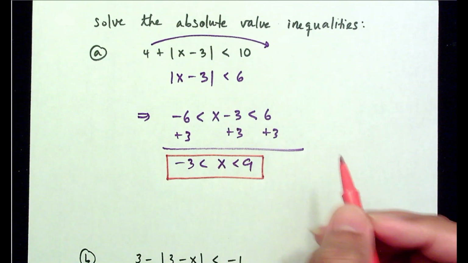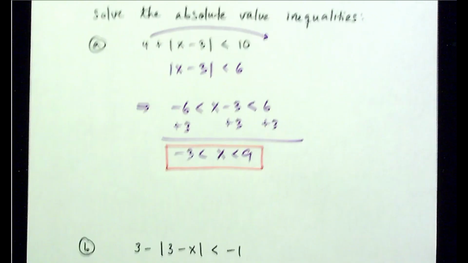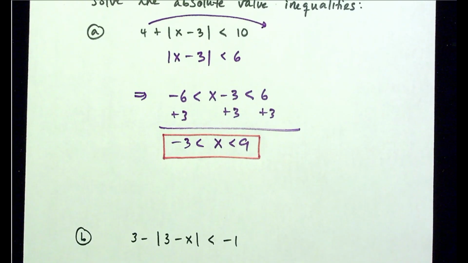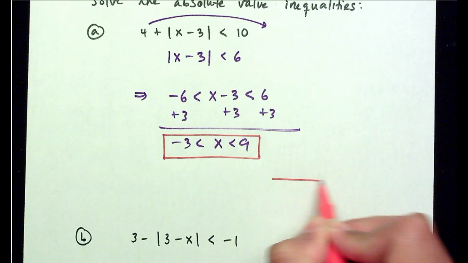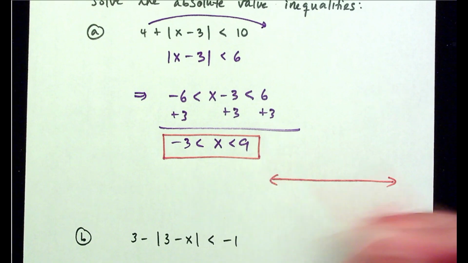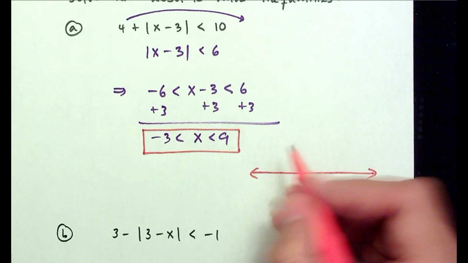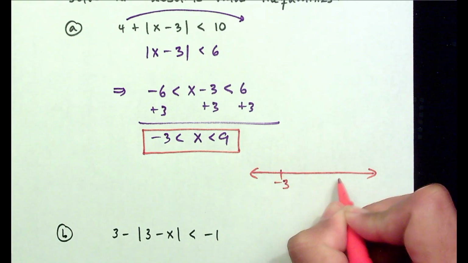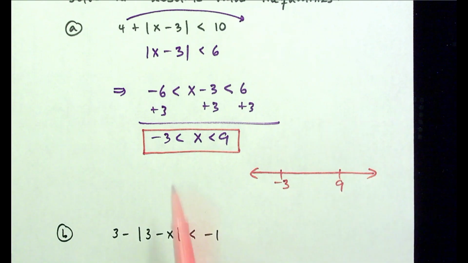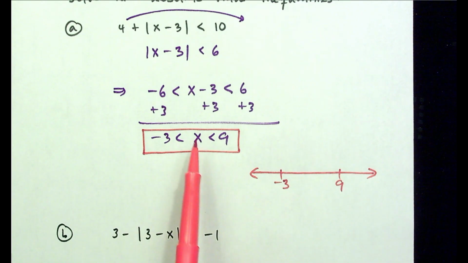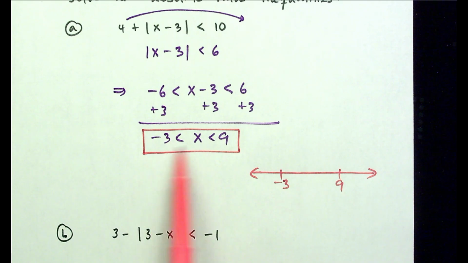Now let's draw the graph of this answer. If you draw the real line, we draw a tick mark for negative 3 and another one for 9. And this inequality says that I want all the x's that are between negative 3 and 9.